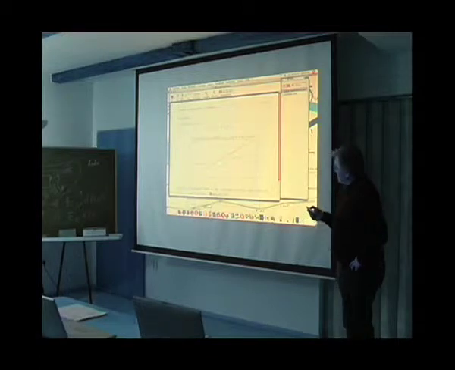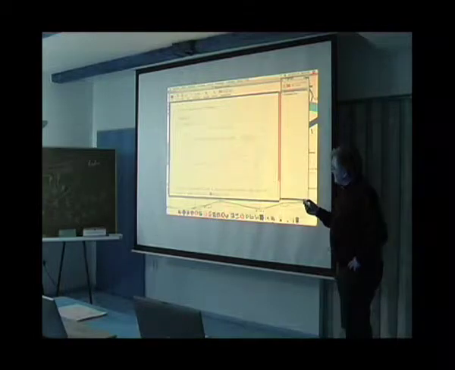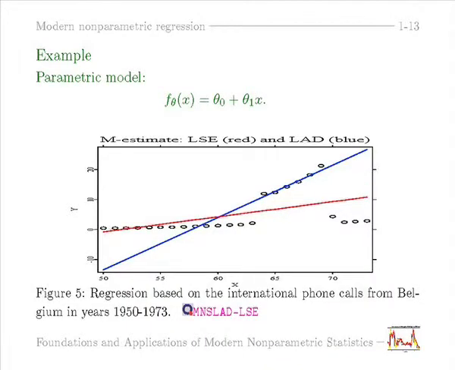The least squares estimate follows the outliers, and the LAD, the least absolute deviation estimate, which should be the red curve, lies closer to the original observations and is not influenced by these outlying, actually miscoded observations.